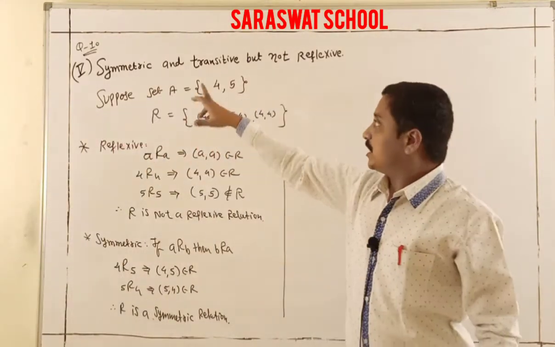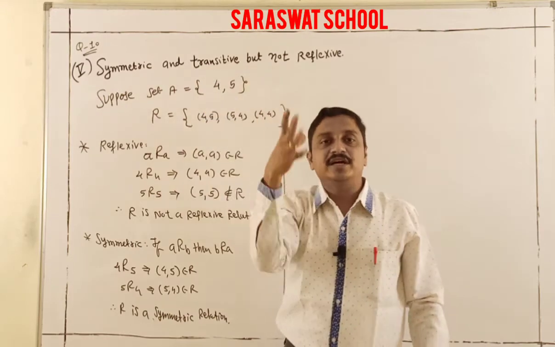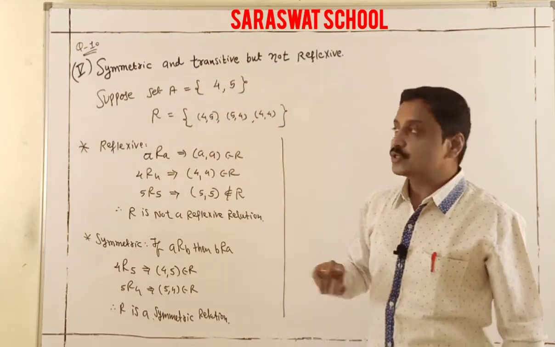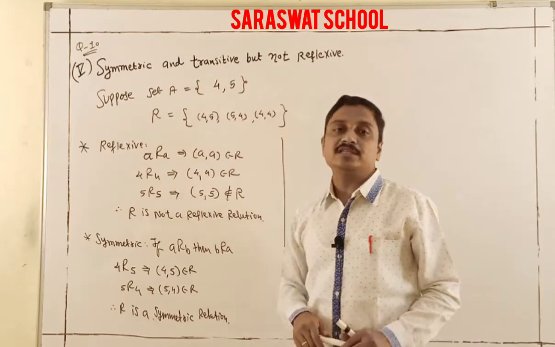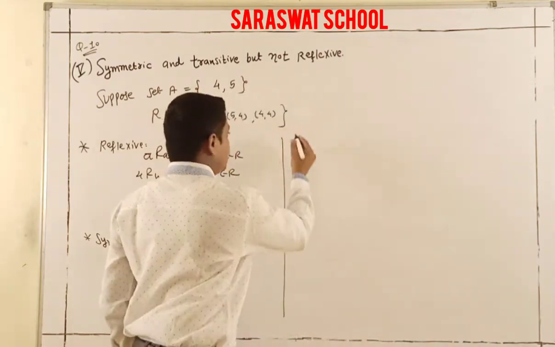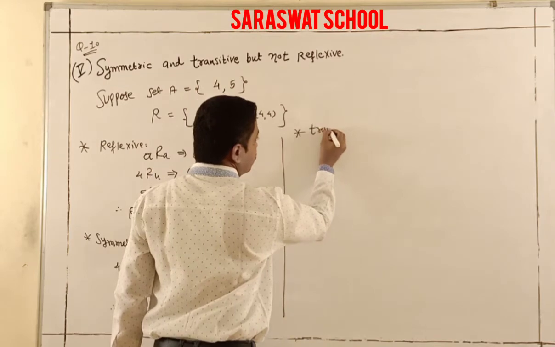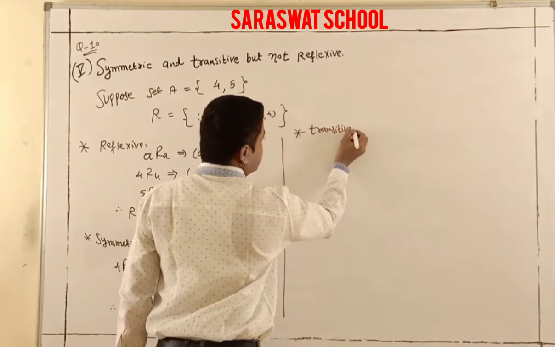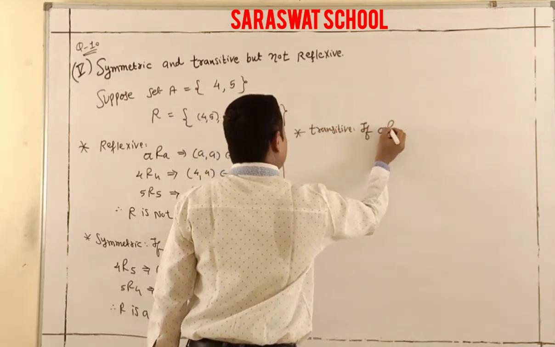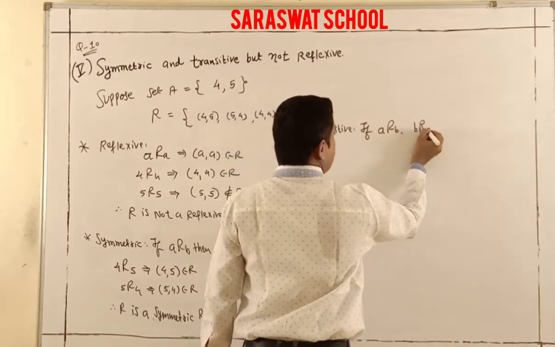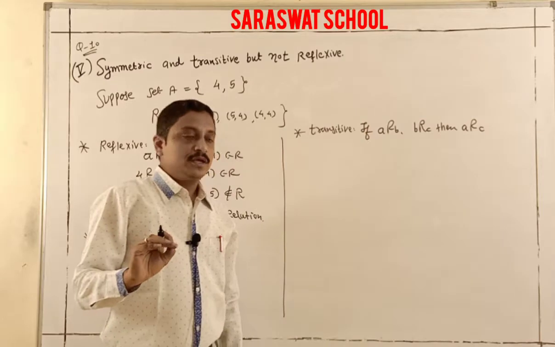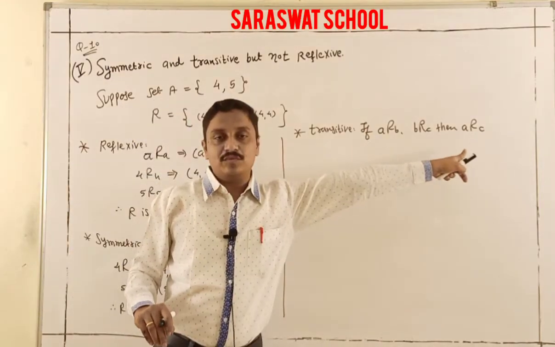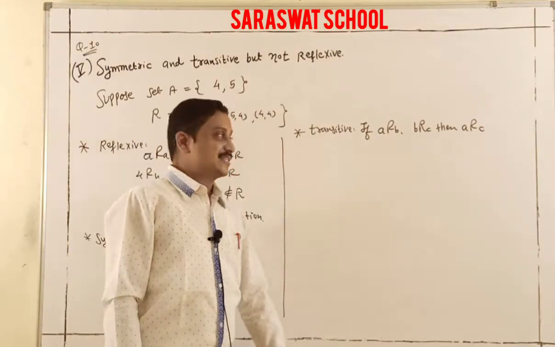Now I check into transitivity, which is also done according to this suggestion. Students, here any numbers you write down, and that related you here just apply. So next I am going to transitive. What is the transitive relation? If A relation B, B relation C, then check A relation C. I hope you know this relation by heart now.